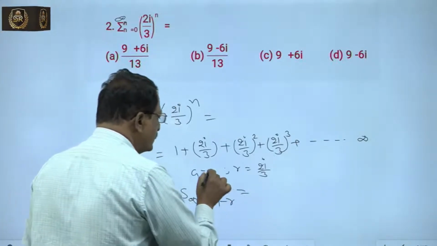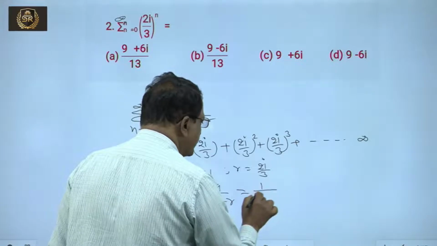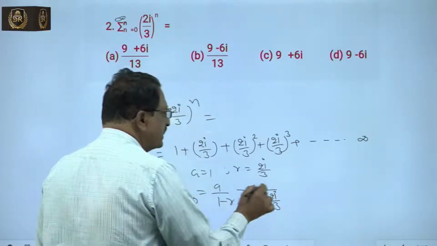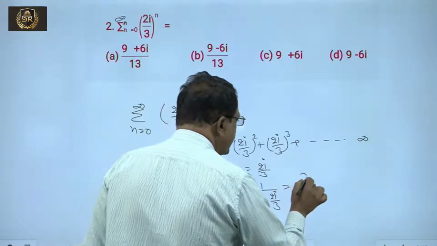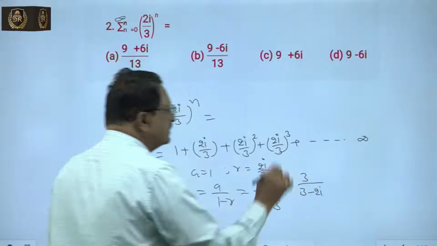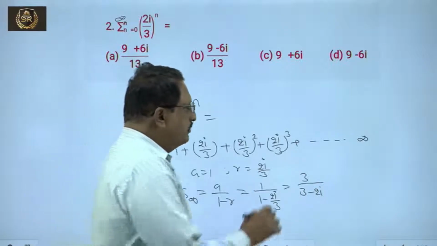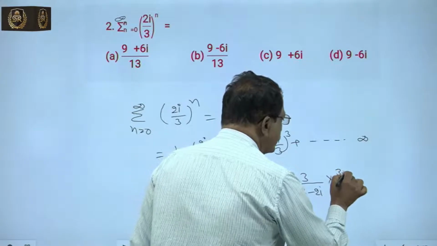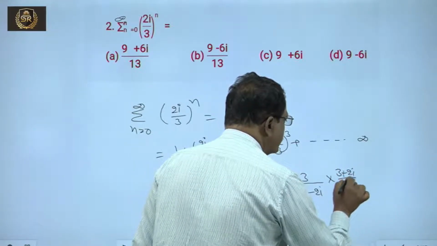Here the value of a is 1, so 1 by 1 minus 2i by 3. Take LCM as 3, we get 3 by 3 minus 2i. Now multiply and divide by the conjugate of the denominator, 3 plus 2i by 3 plus 2i.